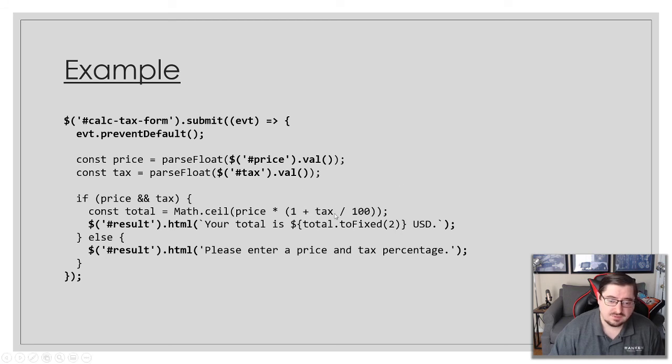So this gives me the price plus the tax. Then we multiply this number, so if it's 5%, that would be 1.05, by the price. So let's say the multiplier is 1.05 and the price is $100, that comes out as 105.